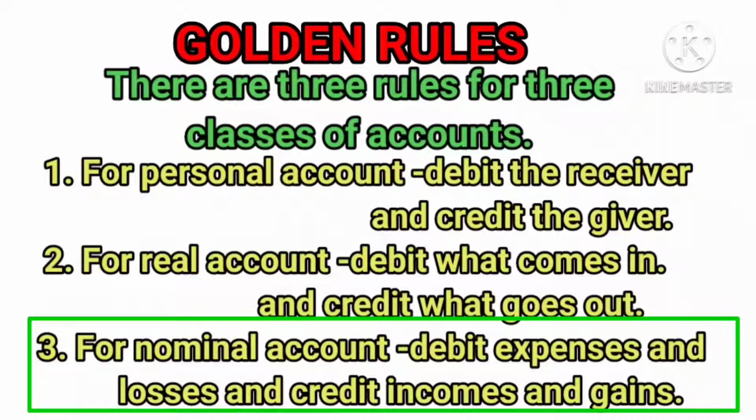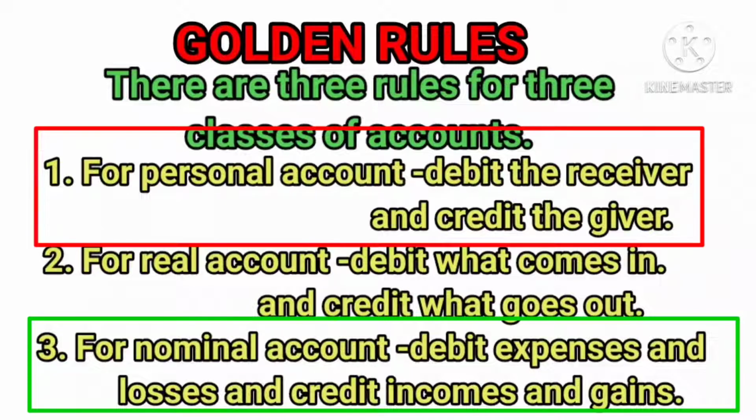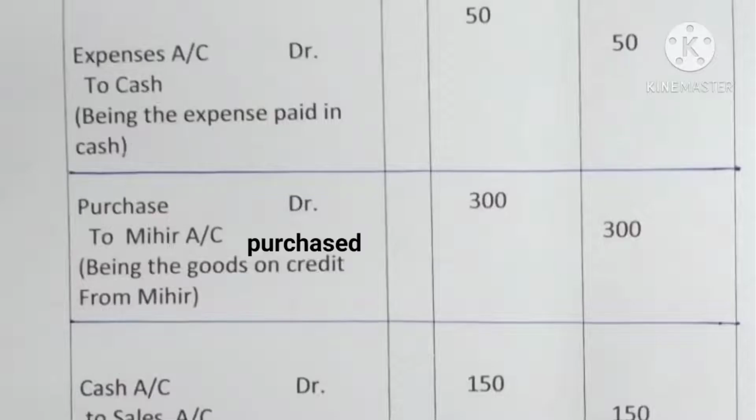Being a person, Mohit is a personal account, and givers, as per golden rule, givers will be credited. So we write in journal purchase account debit rupees 300 and to Mohit account credit rupees 300, and narration will be being the goods purchased on credit from Mohit.